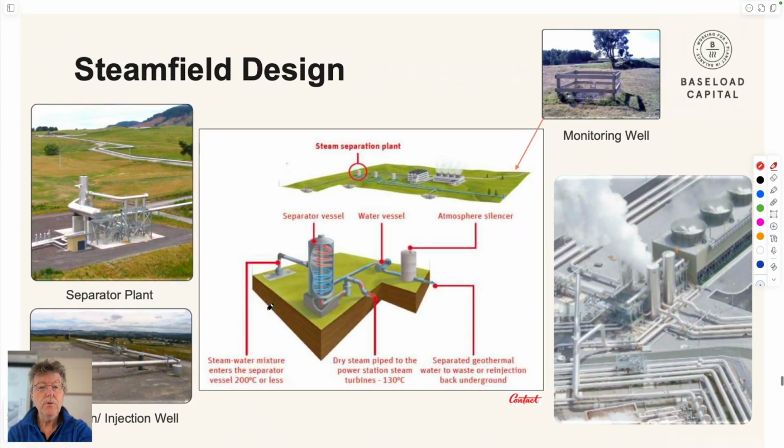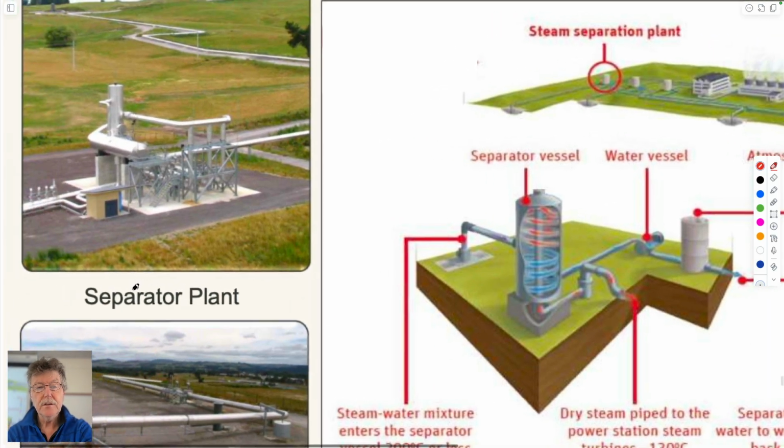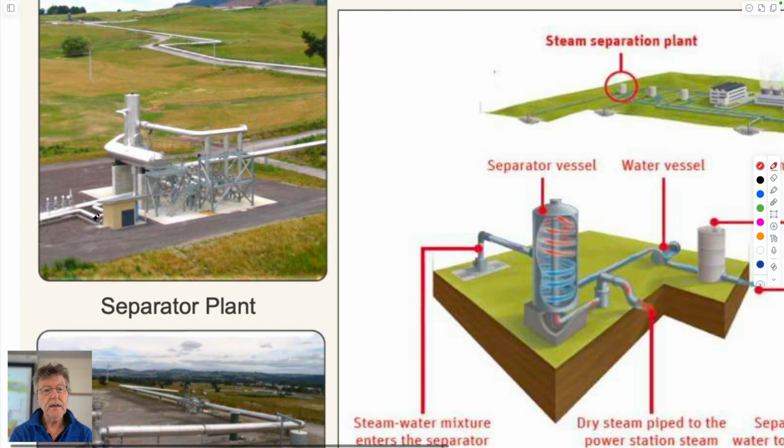And those individual wells will supply the main geothermal plant. And so incoming hot water and steam coming from a single well here would come into something like this, a separator. And so the separator would be taking hot water and steam in here.